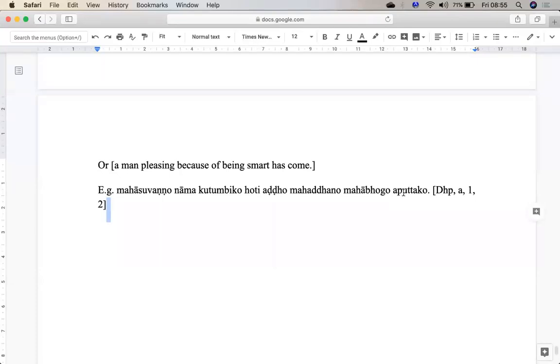And abodako has no child. Okay, so one, two, three, four adjectives to kudombiko. So he is rich, therefore he has great property, and therefore he has great many things to be used, mahabogo. And abodako: because he is rich, many things, but he has no child.